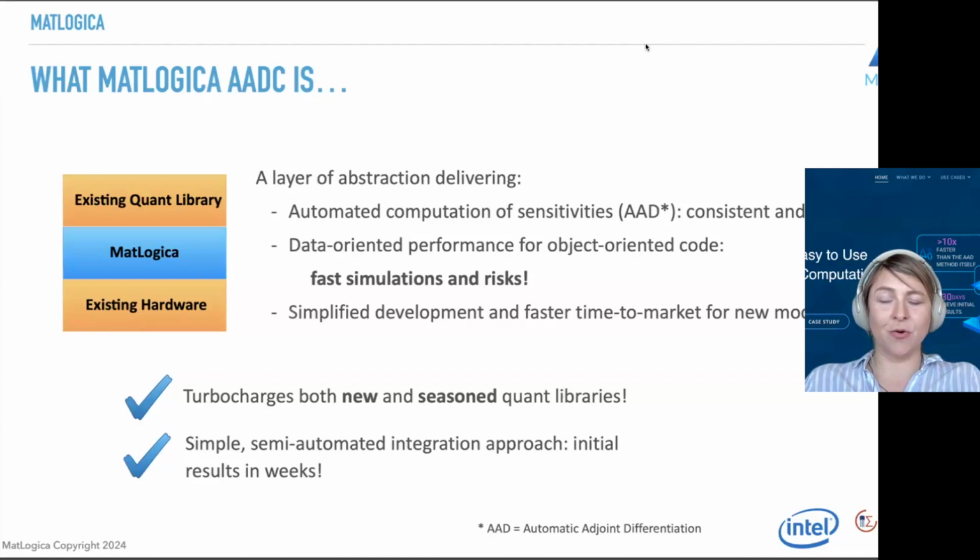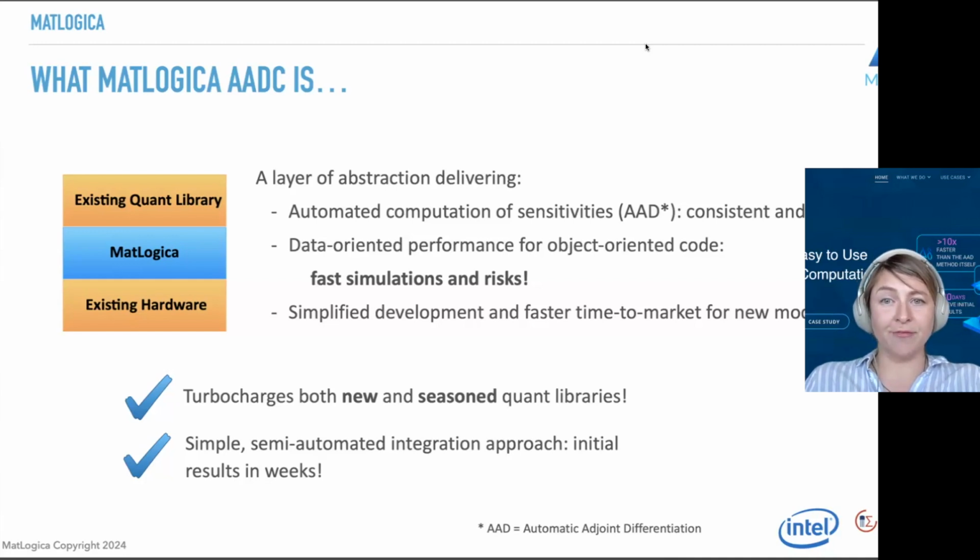And with that, your model development is simplified because you no longer need to think about the methods to compute risks or about optimizations. So you can turbocharge both the new and the seasoned quant libraries. For new quant libraries, you can develop them from a different perspective. Because you don't need to think about aspects like optimizations and computation of risk or what hardware to use to get optimal performance, you can make your architecture much simpler and achieve performance not attainable by other means.